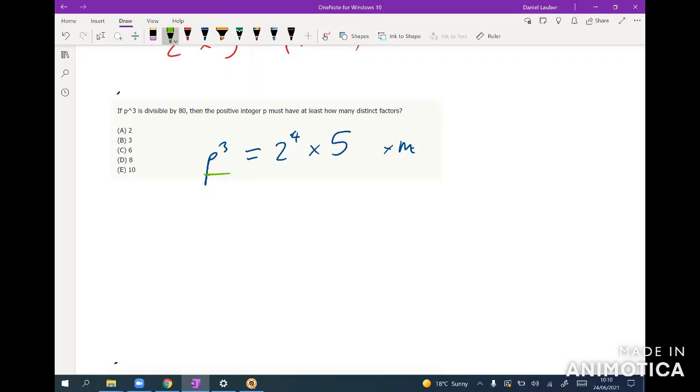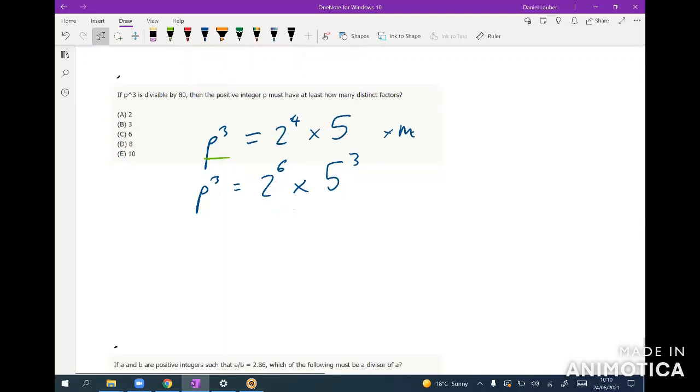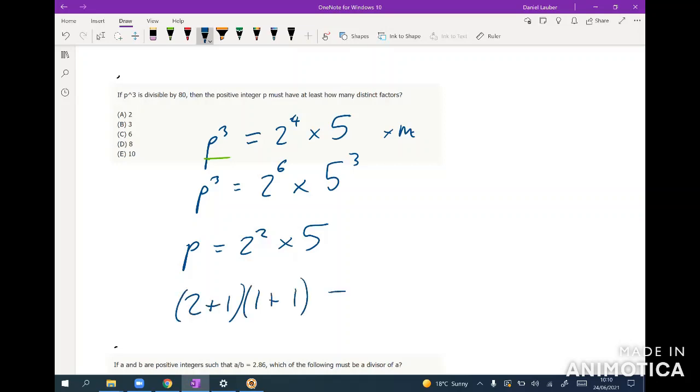We must have at least p cubed equals 2 to the 6 times 5 cubed. That's as small as we could make it. And so p must be at least 2 squared times 5. And so how many distinct factors does that have? Well, it's got 2 plus 1 times 1 plus 1. In other words, 6. So it must have at least 6.